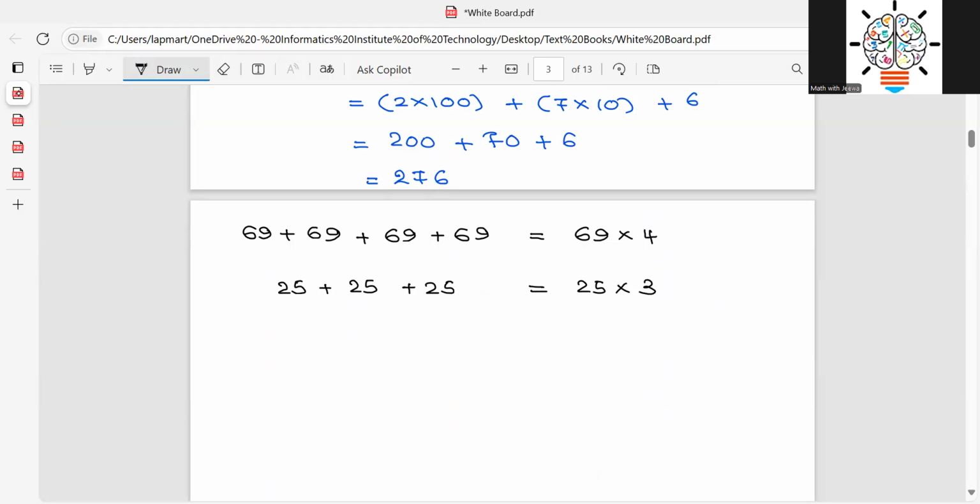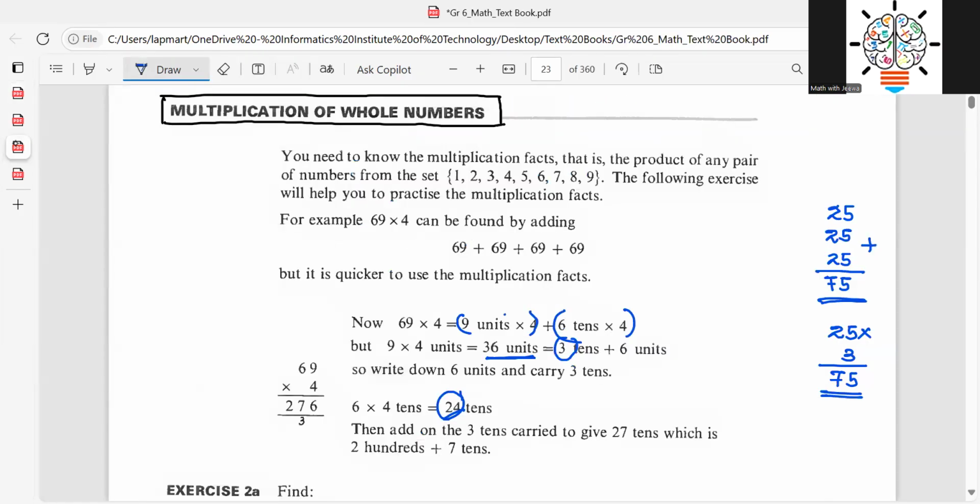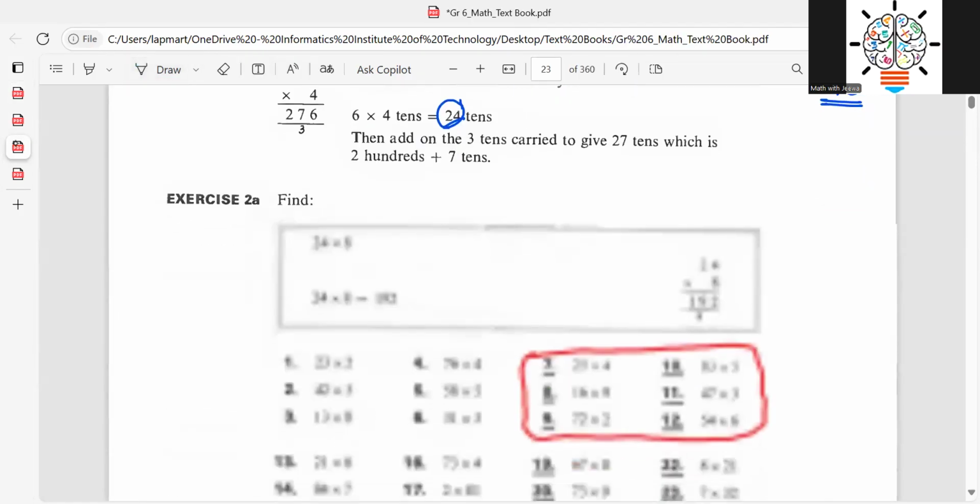So this is what I want to explain to you. When you add something 4 times, that is the same thing as multiplying the number by 4. If you add a number 3 times, that is a similar thing: you multiply that number by 3, right? So then we will move to the textbook here.